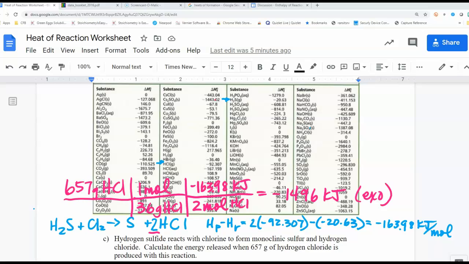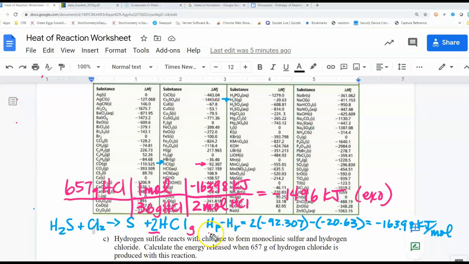Now, I happen to know that the hydrogen sulfide and the chlorine are both gases, so it is also going to form a gaseous HCl. And that's going to be important because when you look at the HCl, there's a couple of different HCls to choose. So as a result, we will choose the HCl that is the gaseous one. And a better written question would have told you what the states of matter of everything were.